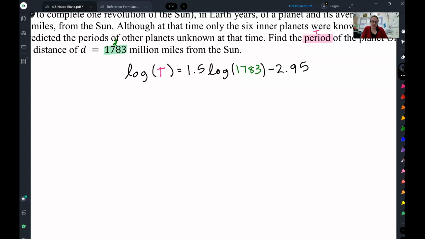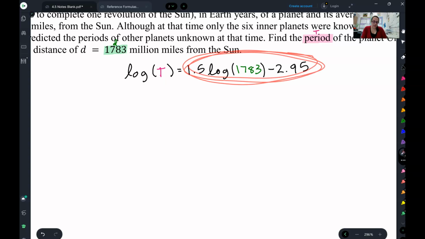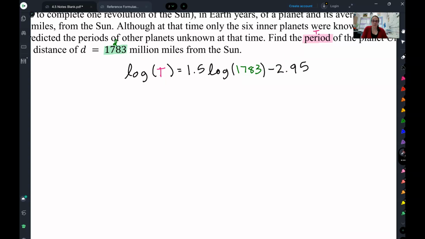Right here, I have a t, and if you think about it, all of this I could just put into my calculator and get a decimal answer. So this whole right side is just a number. And if I think of this whole right side as just a number, then I can actually just change the form right now, where this base is base 10, and I think of this whole number as the input.